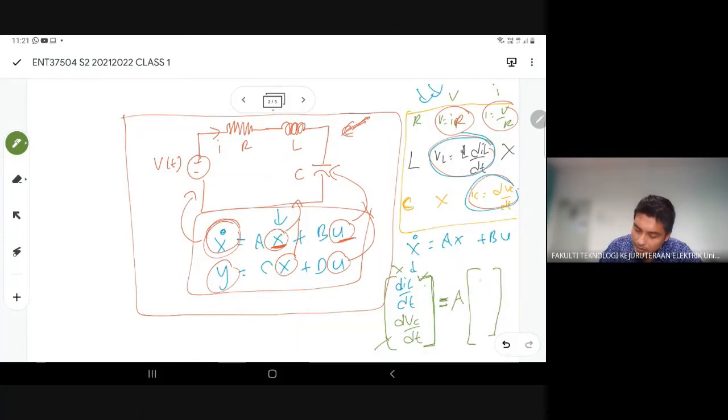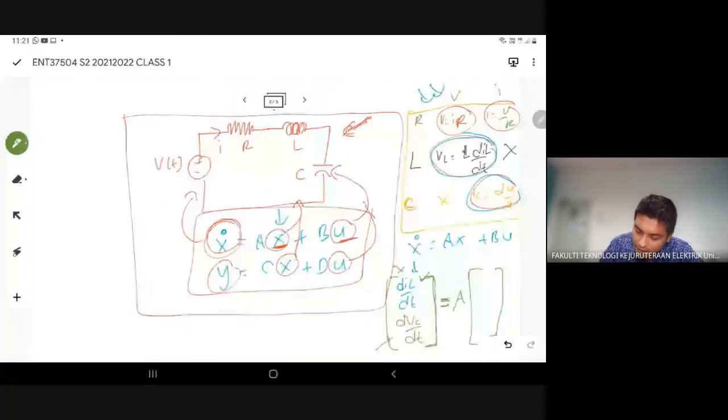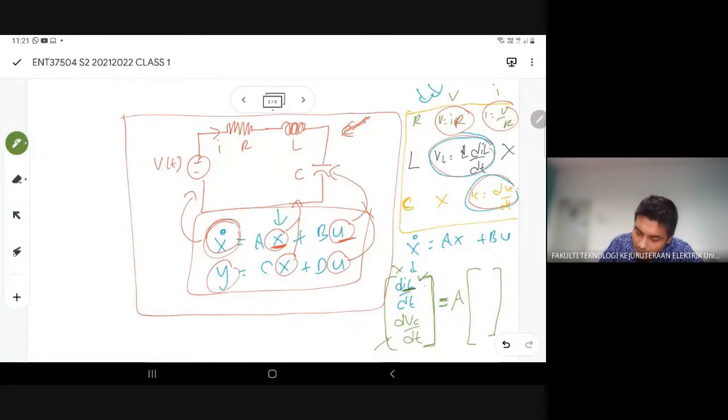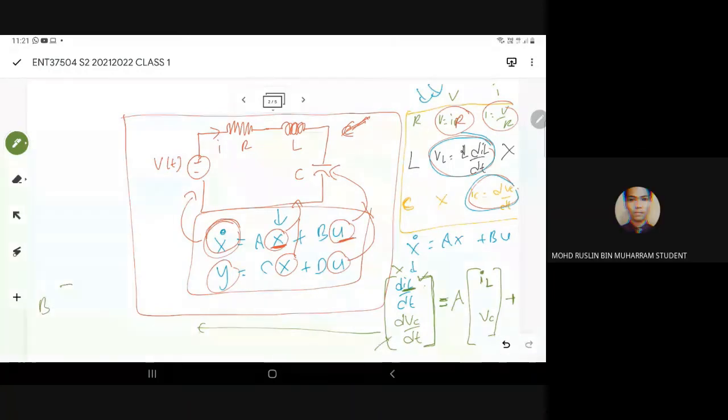For the x, if dIL over dt, you just take IL. The second will be VC. And then plus B and then V(t).